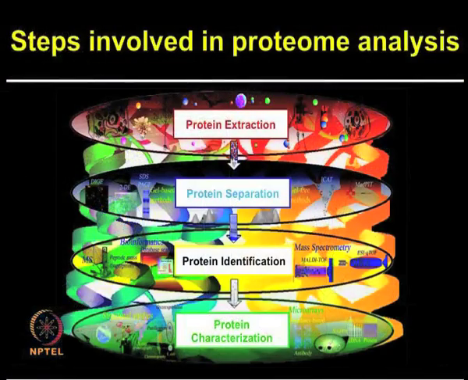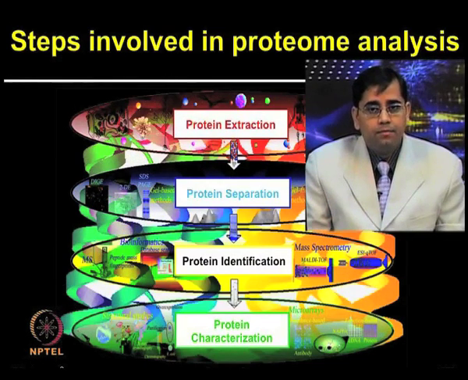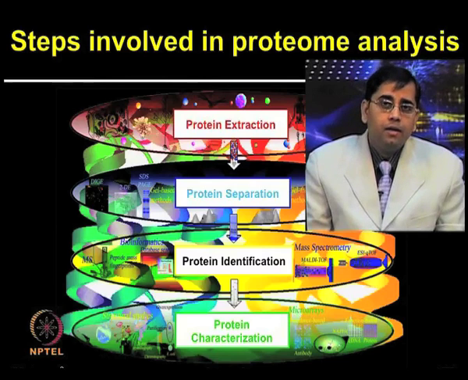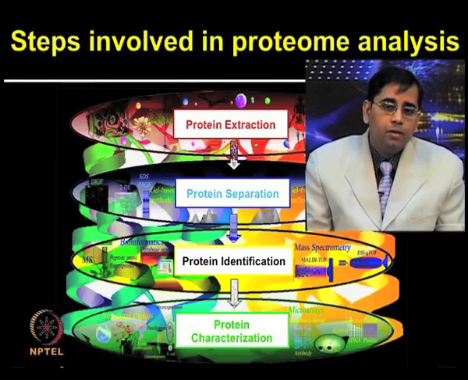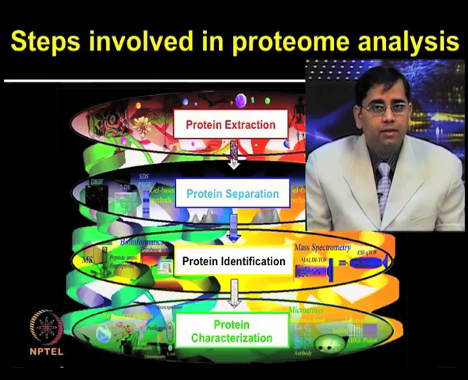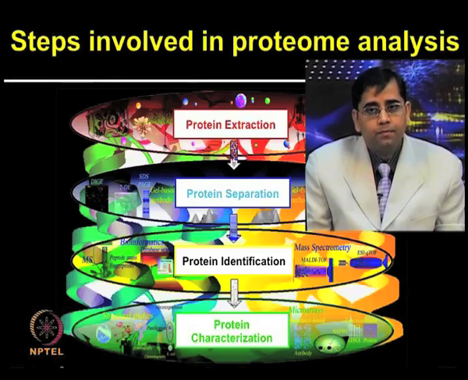Therefore, studying proteins and proteome is very important. What are the different steps involved in proteome analysis? As shown here: protein extraction, protein separation, protein identification and protein characterization. These are the major steps involved in proteome analysis.